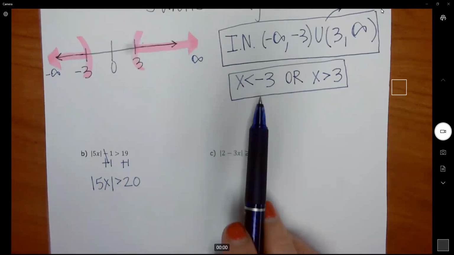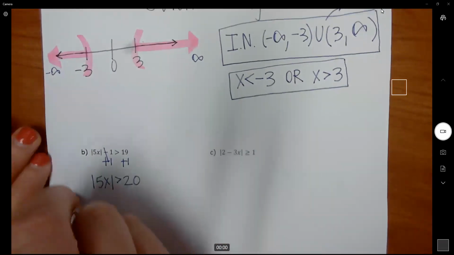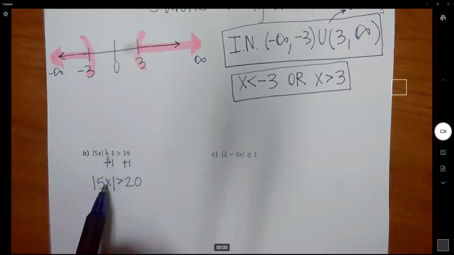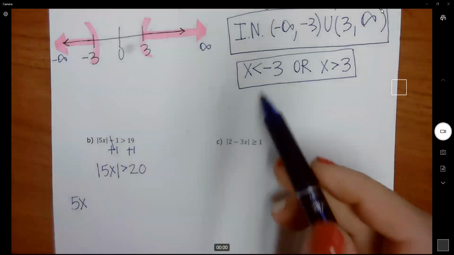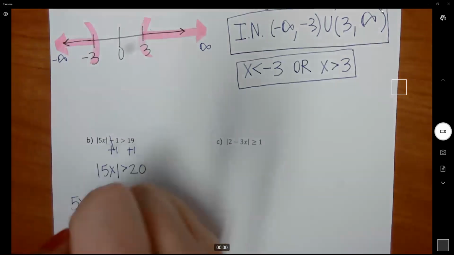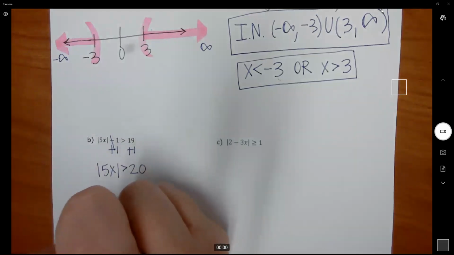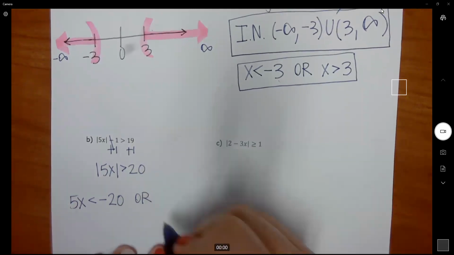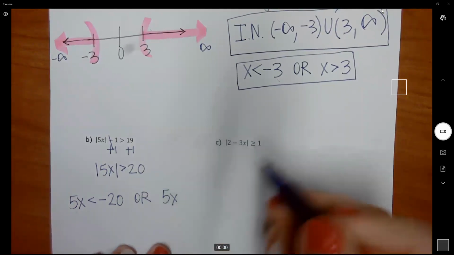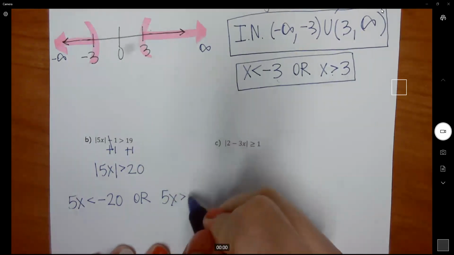The first one here: take out what's in your absolute value, so we've got 5x. We're flipping that symbol, so this is less than the opposite of your number, so less than -20, or 5x, and just keep your symbol and your number, is greater than 20.